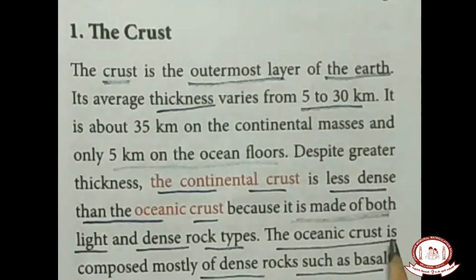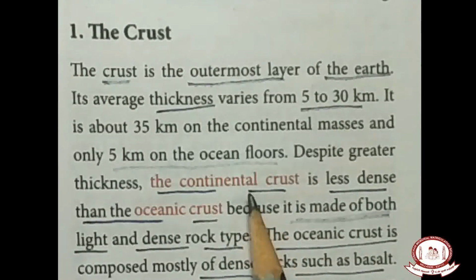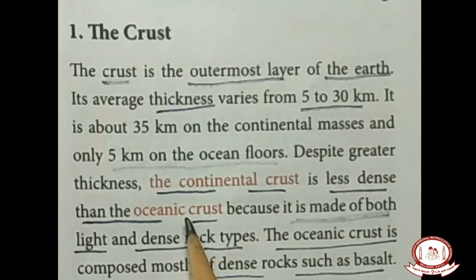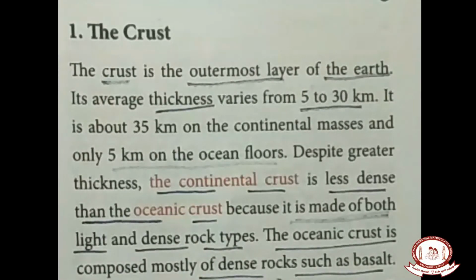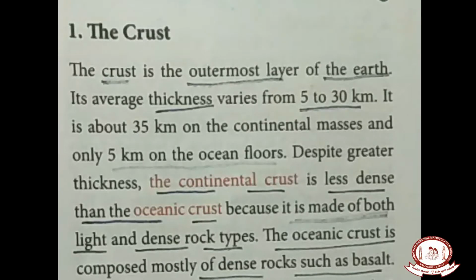The oceanic crust is composed mainly of dense rocks, that is, basalt. Do you understand, children? The oceanic crust is denser than the continental crust. The name of the dense rock is basalt.